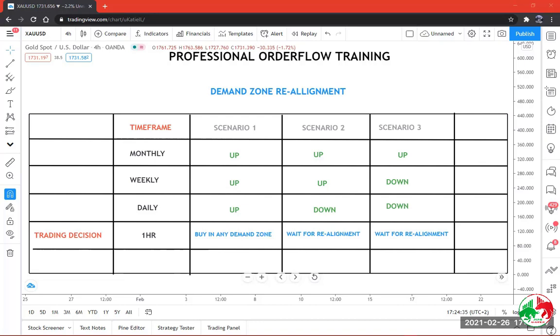That would mean the monthly, weekly, and daily are realigned. Wait for the weekly and the daily to be bullish before you go to the 1 hour and scan for opportunities. All right. So basically, the ideal scenario would be scenario number 1.